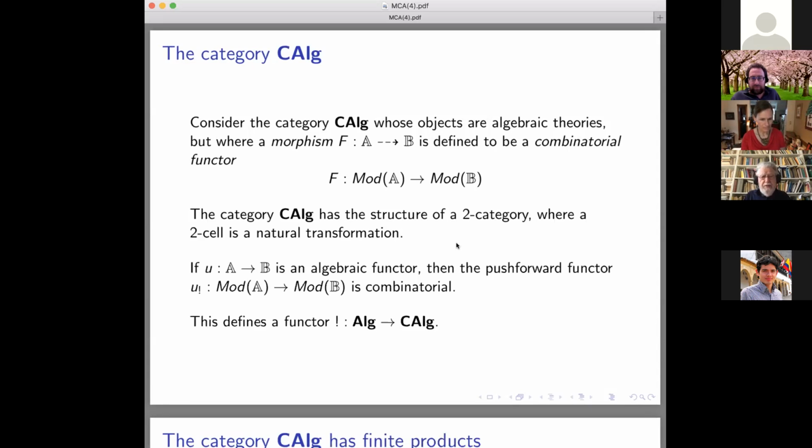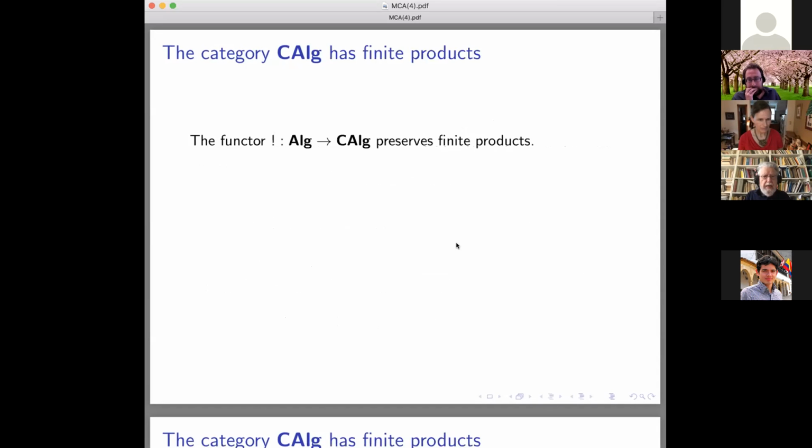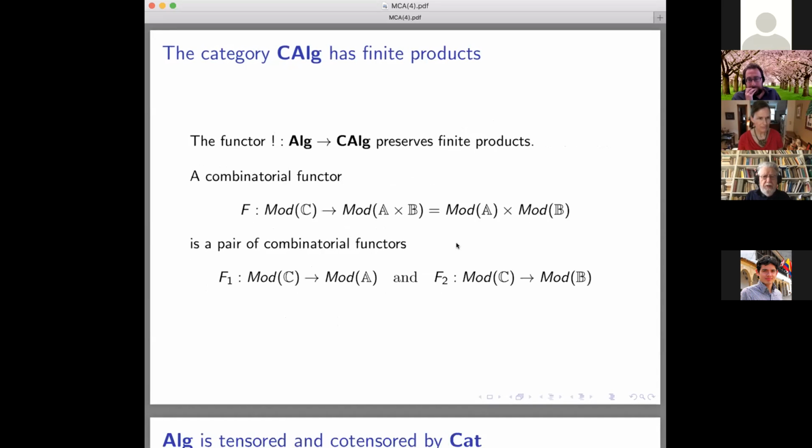And therefore you have a functor, which I write with an exclamation mark, from the usual category of algebraic theories to the new category of combinatorial C-algebras. And this functor is behaving well, actually.